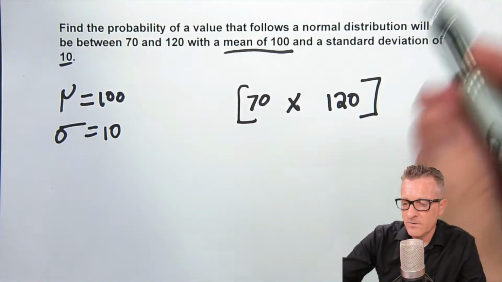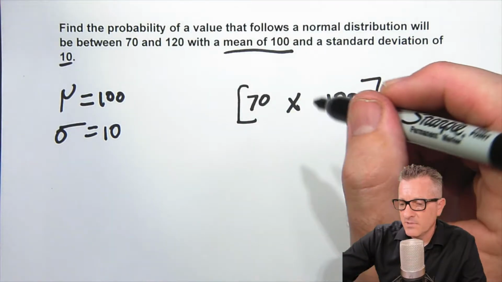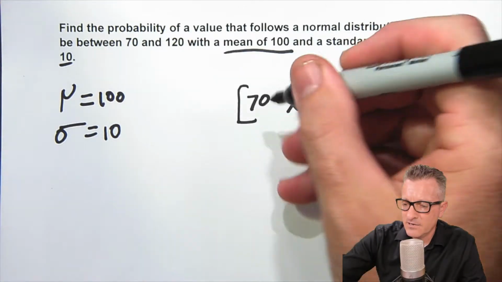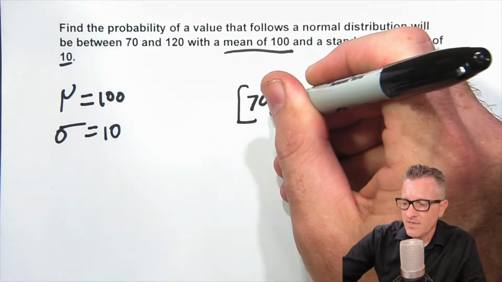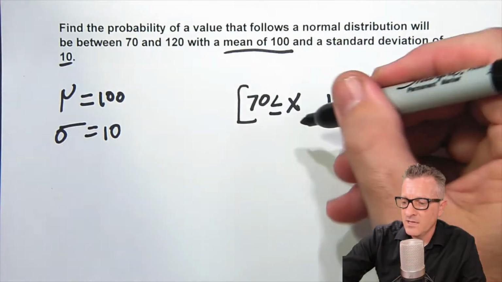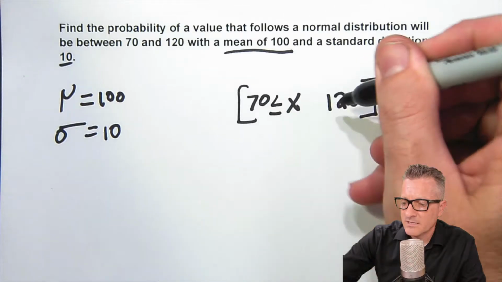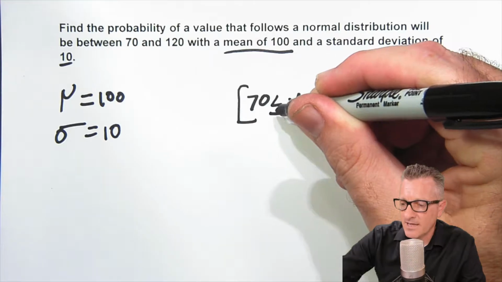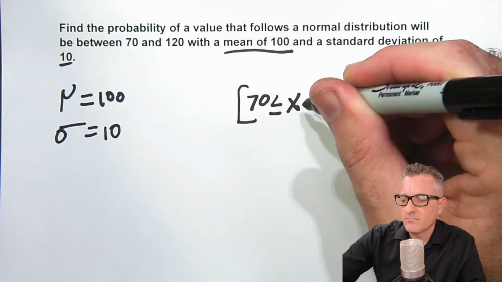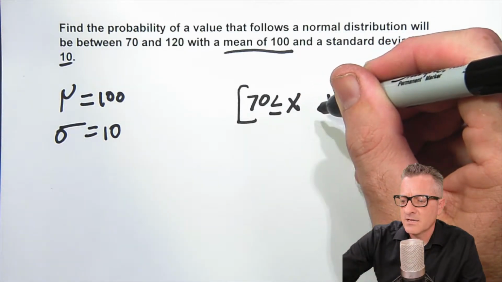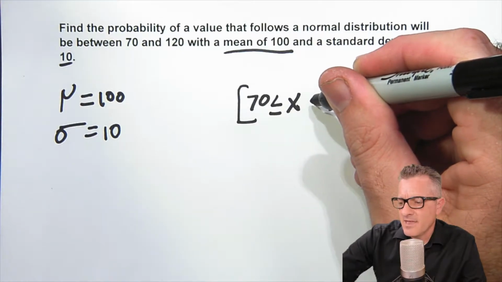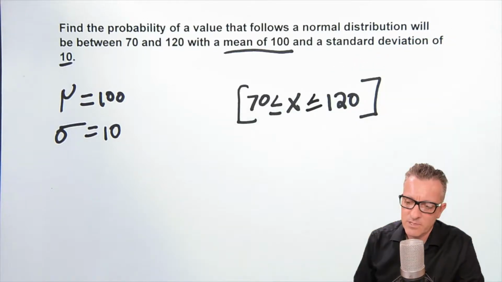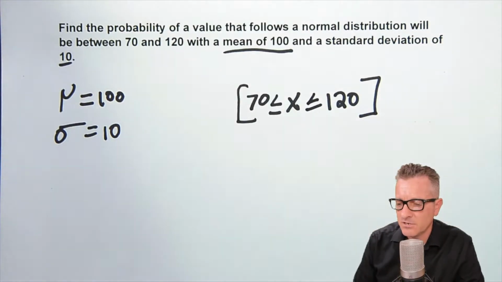It would be 70 is less than or equal to x, and then x is less than or equal to 120. And that's the way I believe traditionally they teach you to do this.